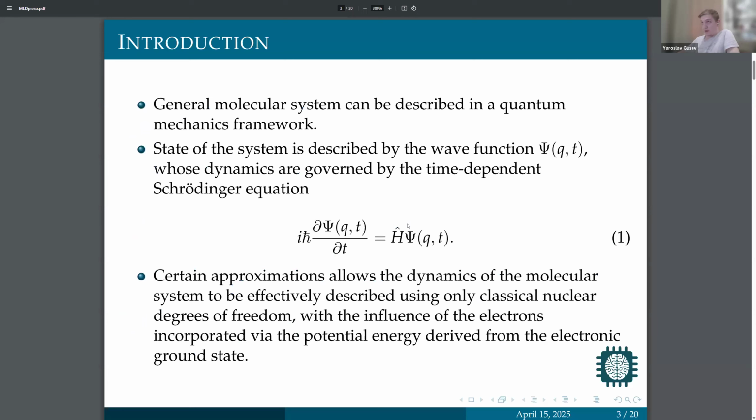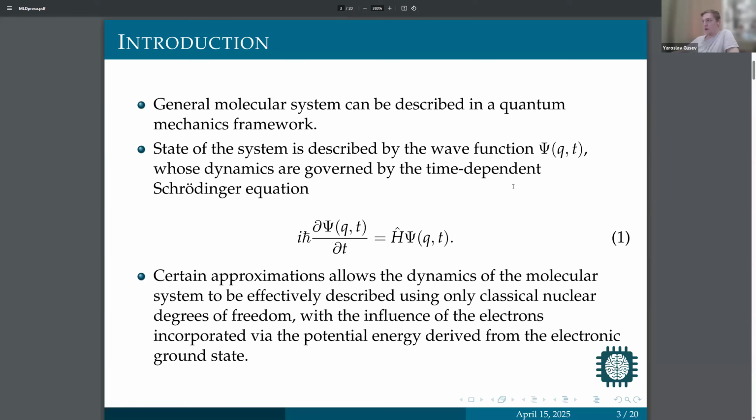So let's begin with the introduction. Molecular dynamics is a very important and foundational task in various disciplines, from biophysics to material science and others. The general molecular system can be described in the quantum mechanics framework.